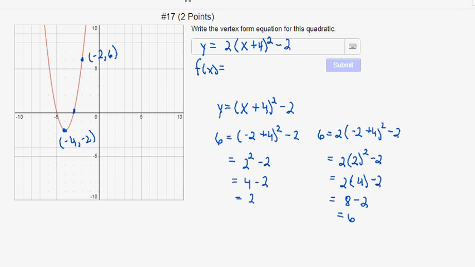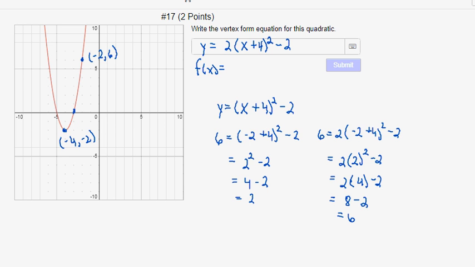So again, that exactness, that detail. It says write the vertex form equation. If you leave off the y equals or the f of x equals, you don't have an equation. You just have an expression or a mathematical statement. And that is the same thing.